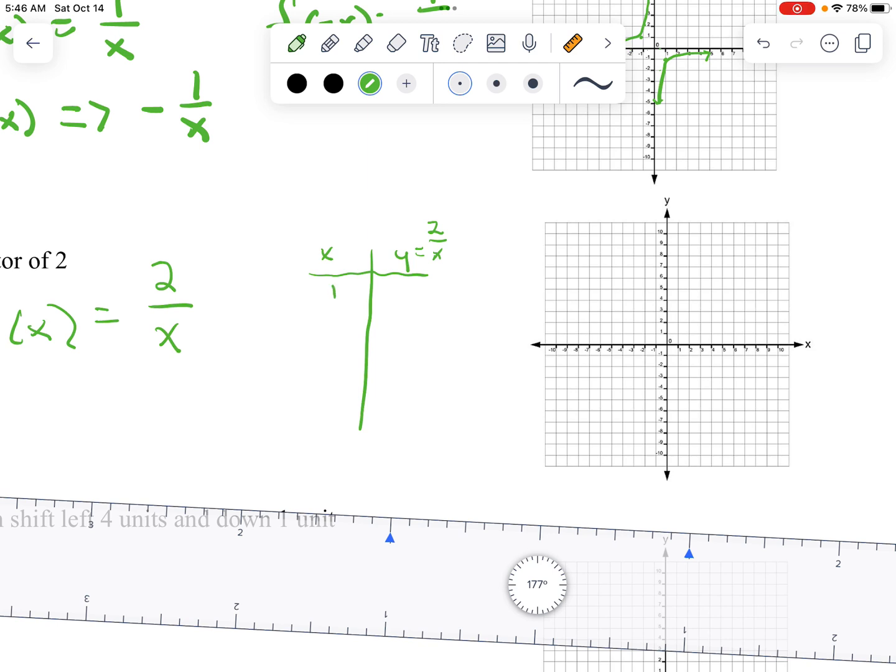So when x is 1, my y is not 1 anymore. My y is 2. When x is -1, y is -2. When x is 2, y is 1. And when x is -2, y is -1.